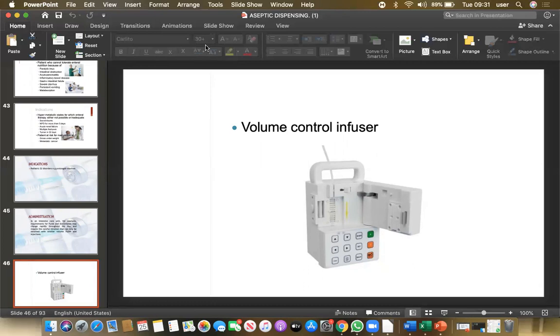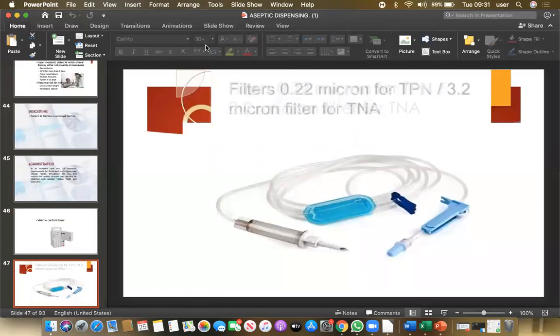If the parenteral nutrition has more than 1 liter volume, a volume control infuser may be added during administration of the parenteral nutrition, or they are given through various catheters. Special types of catheters or sets can be attached to the bags of parenteral nutrition for safe distribution, for safe application of the nutrition.